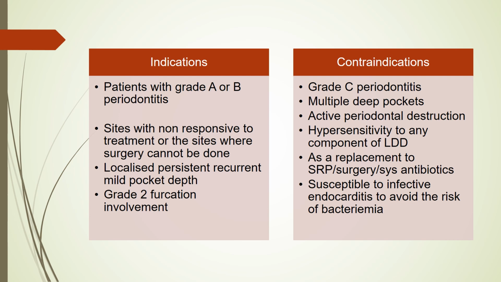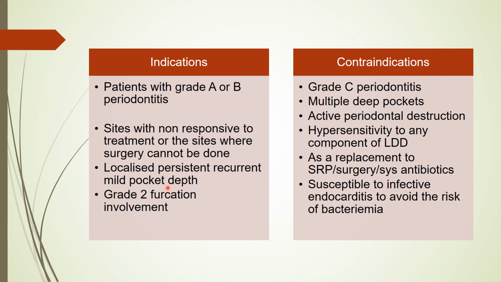Coming to the indications of LDD: patients with grade A or B periodontitis, that is, mild periodontitis and not with a complex type of periodontal pocket, and sites that are non-responsive to treatment or sites where surgery cannot be done. In those areas LDD can be indicated, as well as localized persistent or recurrent mild pocket depth.